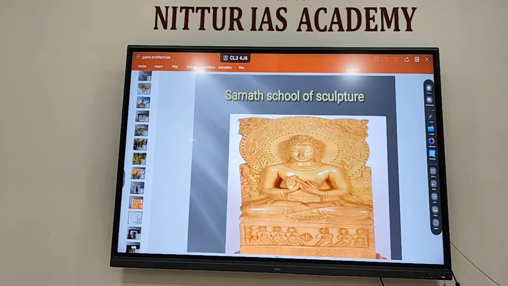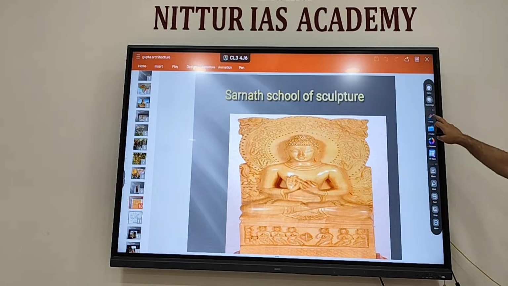Two figures present before are not present. Kamalapani and Vajrapani are not present. The mudra is changed. You can find different mudras, not only this one. The draping became more transparent over here.